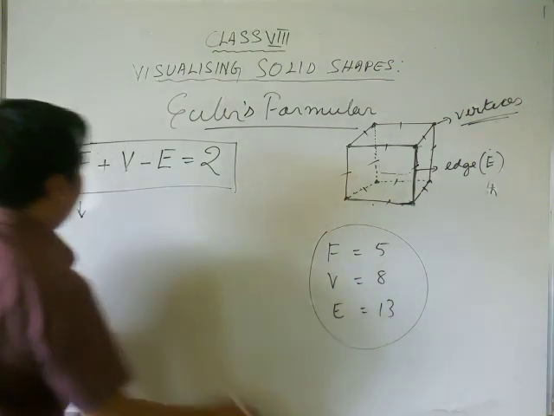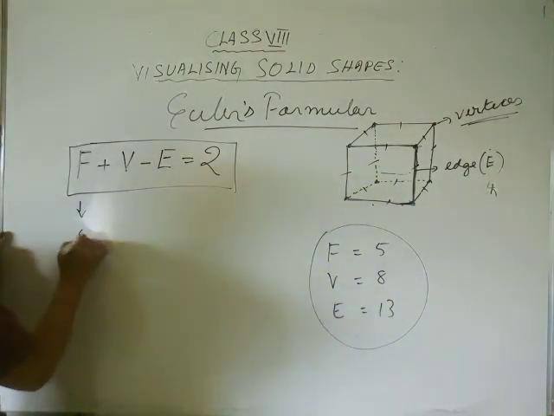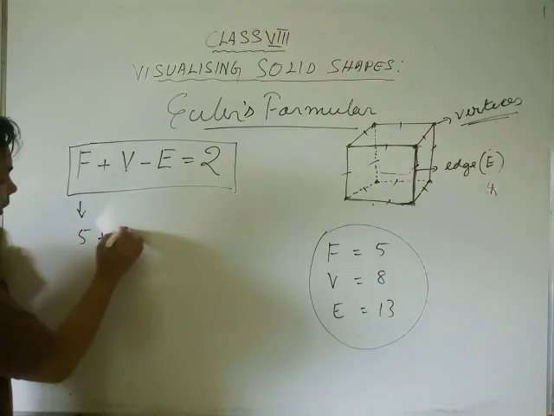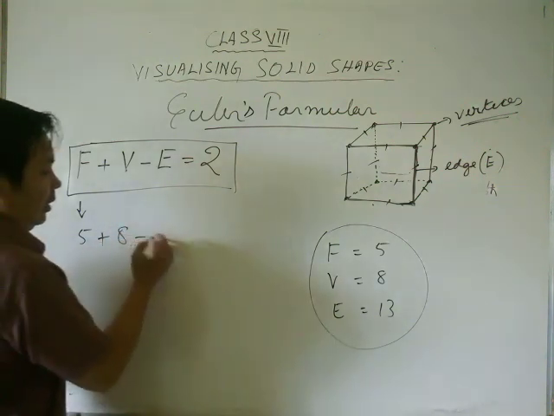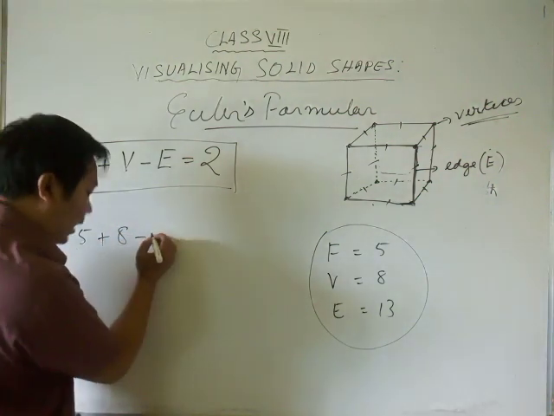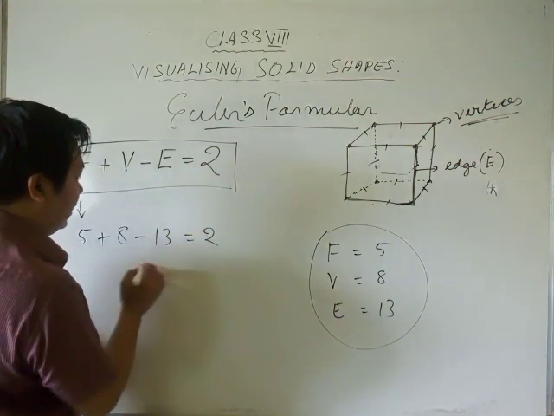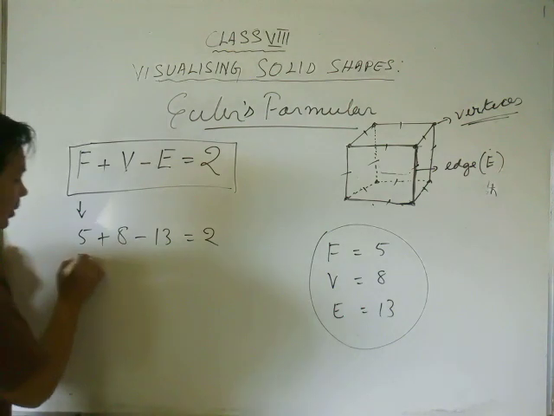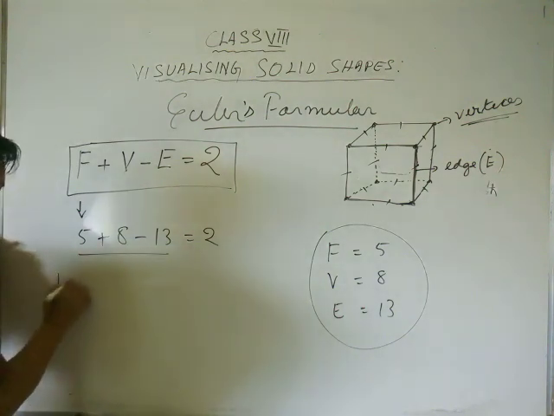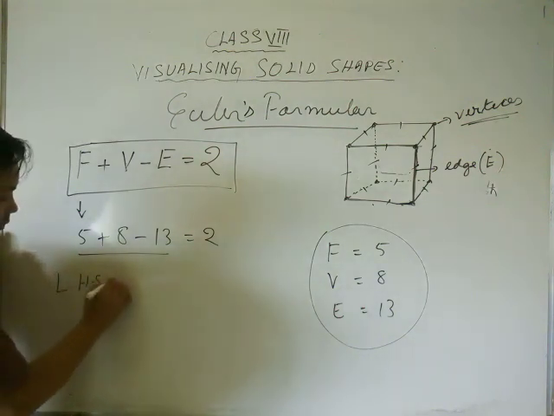In Euler formula, face was 5 plus vertex 8 minus edges. Let us see whether the left hand side is equal to the right hand side or not.